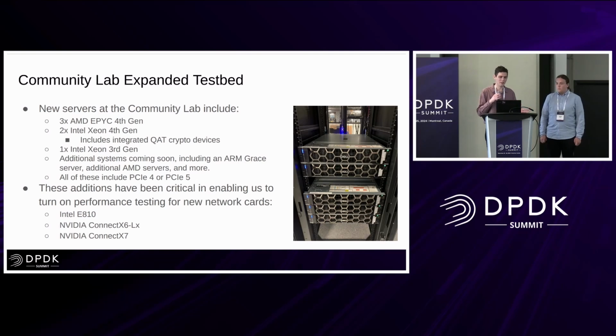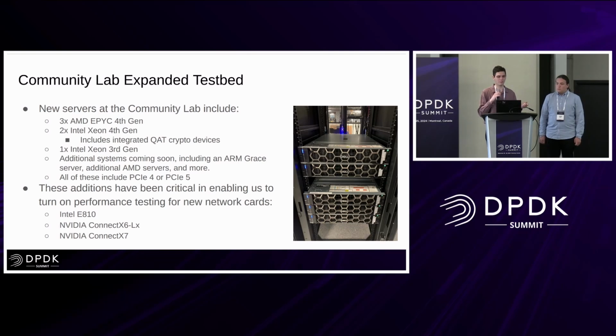our test bed was limiting in some ways in the past year. So we started a conversation with the community, with the DPDK project, and with the member companies to see if we could refresh the test bed a little bit and open up a second server rack, which we are doing.